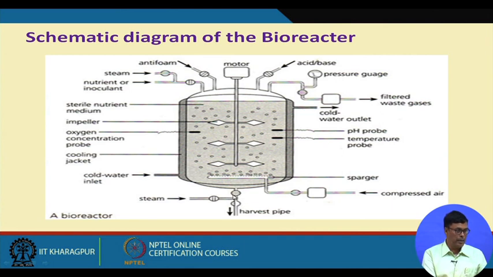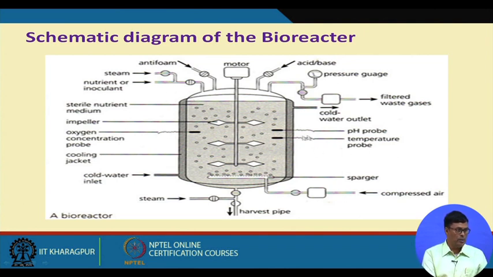This is usually a gate valve, and there should be very little resistance here. This will take the material from the fermentation plant to the recovery plant. Recovery plant means where the purification of the product takes place. So after the fermentation process you have to take the material from there to the recovery unit.